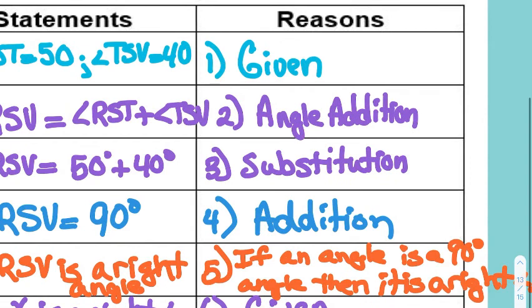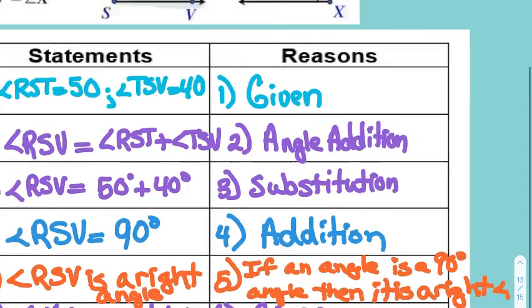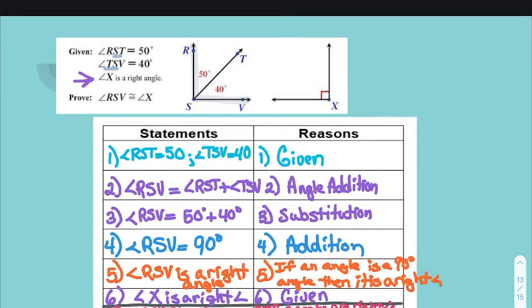Again, I'm going to abbreviate just a little bit so that I can fit it all in here. And again, you can abbreviate. Actually, my suggestion would be to start abbreviating.